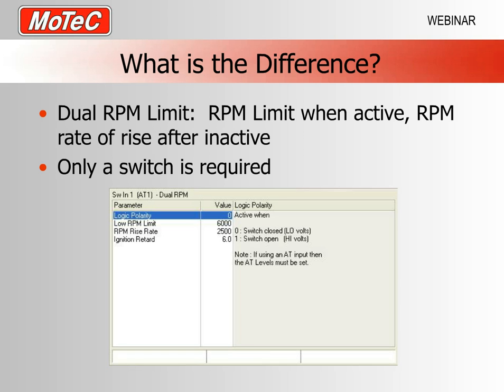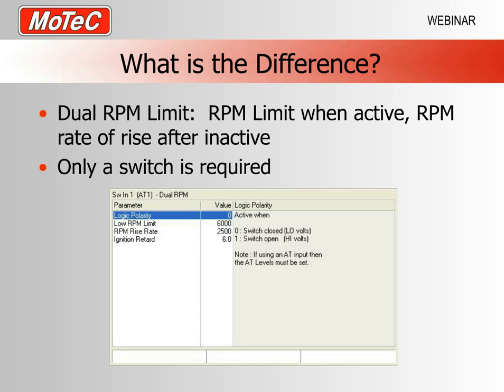The dual RPM limit, as I've said before as well, is a very simple function. Basically we have a switch, be it on the clutch or on the steering wheel, and we simply hold it to a low RPM limit. So what's the RPM we want to launch at, and then after that we have an RPM rise rate. So it's an RPM rate of change type of function once the button is released or the system becomes inactive.